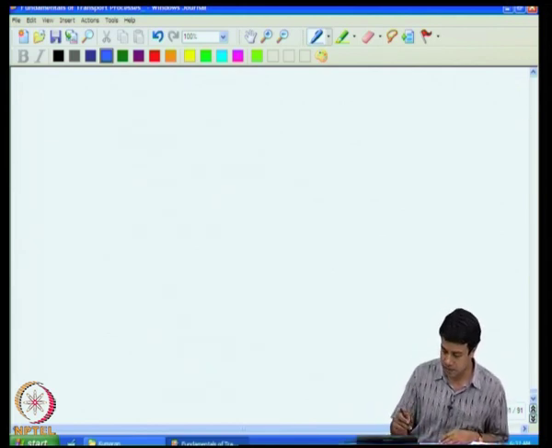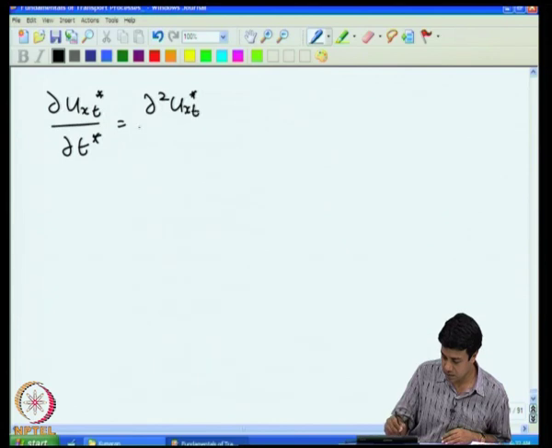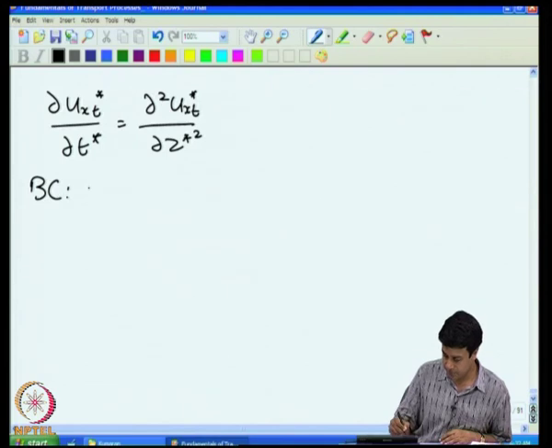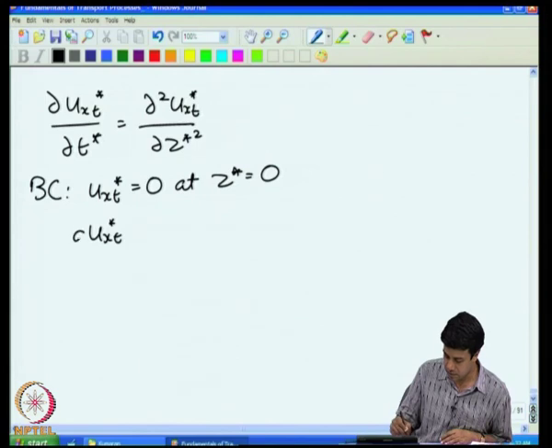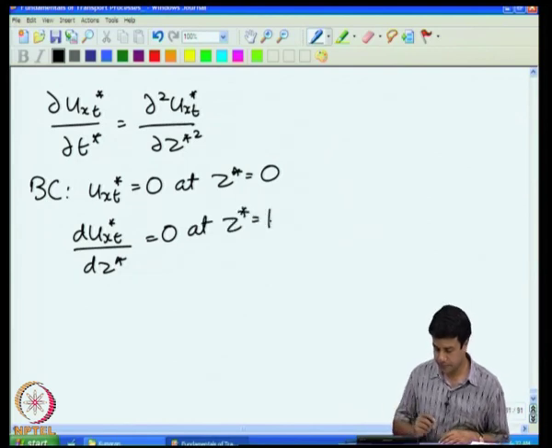Okay. So, to summarize, the equation for the transient part is dux transient by dt is equal to d square ux transient by dz square. The boundary conditions are ux transient is equal to 0 at z is equal to 0, and the derivative of ux transient is 0 at z star is equal to 1.